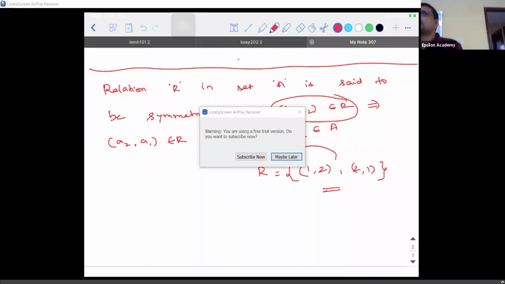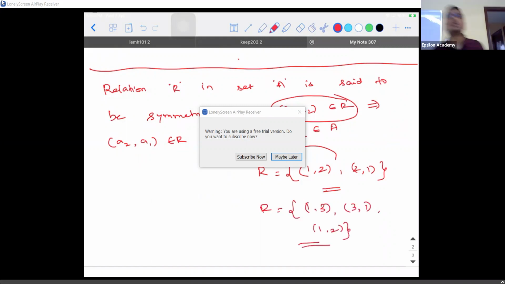The answer is yes. For example, R is equal to 1 comma 3, 3 comma 1, 1 comma 2. If I ask you whether this is symmetric or not, why? Because 1 comma 3 has 3 comma 1, its counterpart. But 1 comma 2 is missing 2 comma 1 for it to be called symmetric. So this is not a symmetric relation. Am I clear?